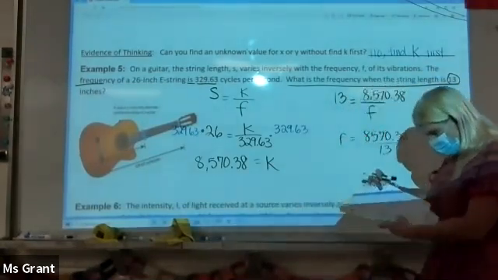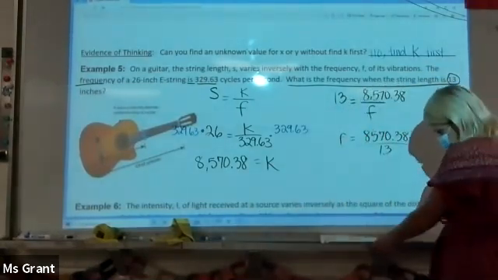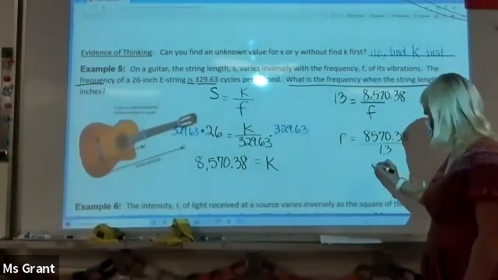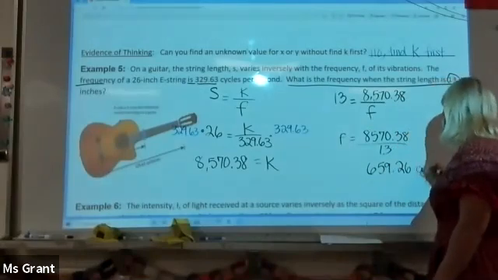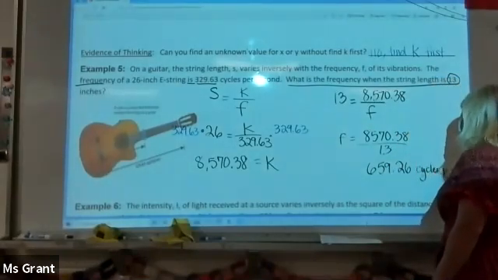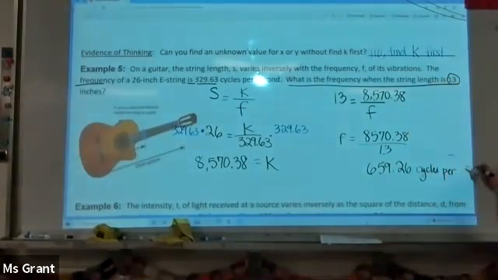On the calculator, it's 659.26 cycles per, I'm solving for the frequency, second. Oh, sorry. 659.26 cycles per second.